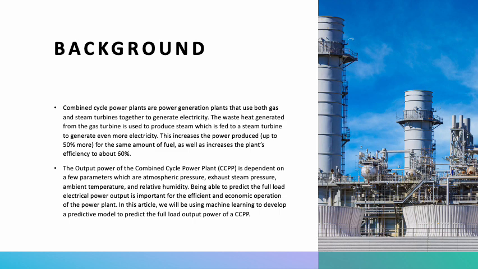The combined cycle power plant is dependent on a number of parameters, which include the atmospheric pressure, the exhaust steam pressure, the ambient temperature, and the relative humidity. So basically, we are looking at all these parameters and trying to use them to predict the full load output power of the combined cycle power plants.